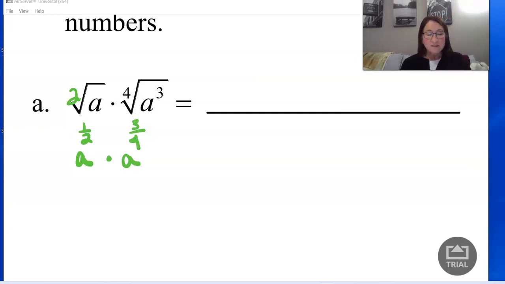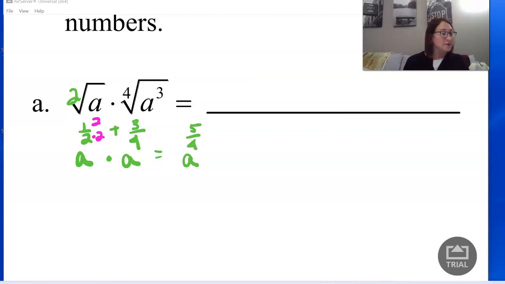Okay. So now I'm going to add my fractions because I have a like base. In order to add those fractions, I need common denominators. So I'm going to multiply the first one by 2/2. And that will allow me to add. So this is going to give me a to the 5/4.